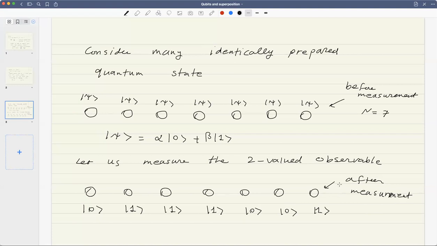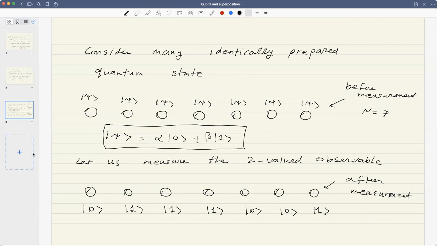So we are somehow forced to say that 0 and 1 were both somehow present in the state psi before the measurement, because sometimes when you measure, you find 0. Sometimes when you measure, you find 1. And the mathematical way to describe this that gives a consistent theory is to write your state as a linear combination of these.